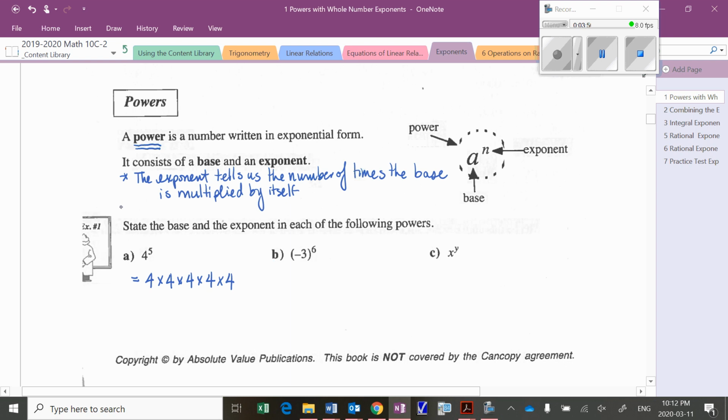So the one other piece that's important to note before we go on to that second example, B, is that the base is directly below the exponent, or it could be everything in brackets if the exponent is outside.